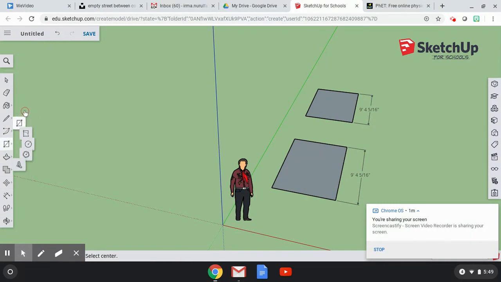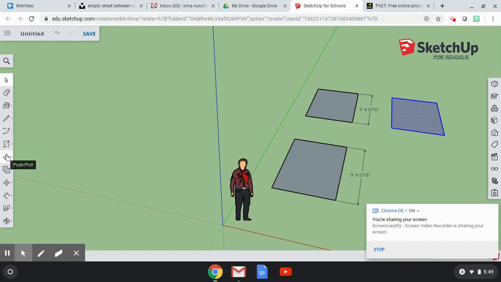Now we're gonna make another rectangle that we copy from another one. Let's start again. We copy the first one and then we put it next to the second rectangle.